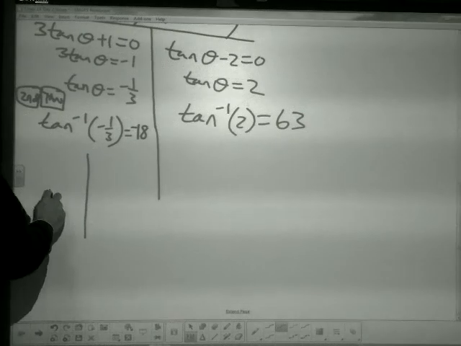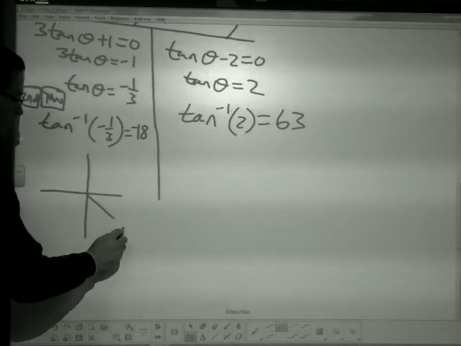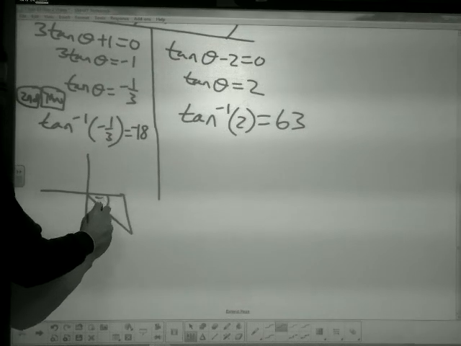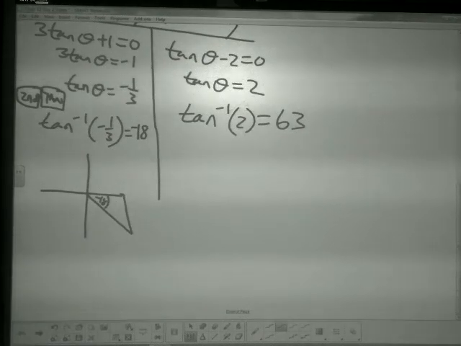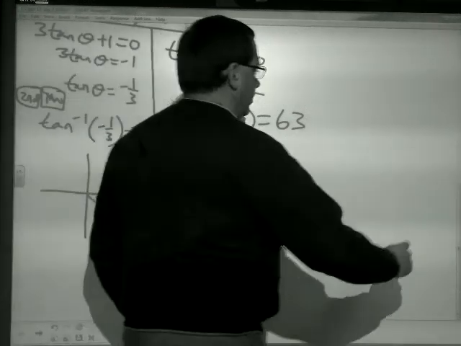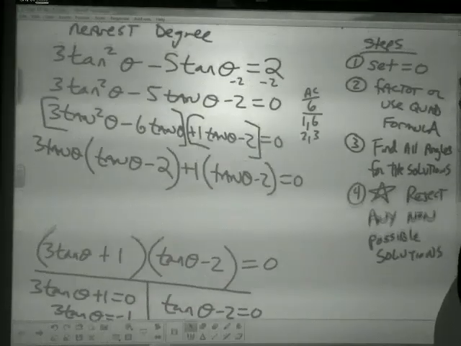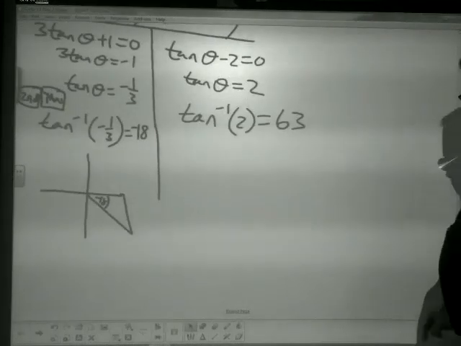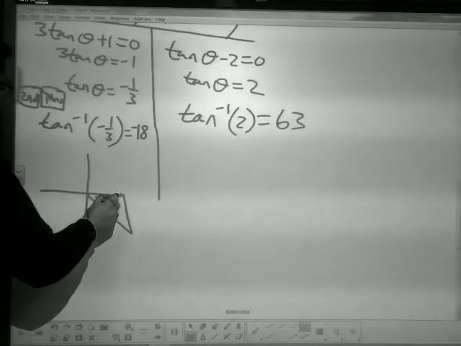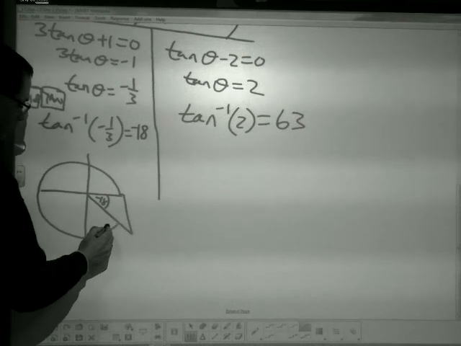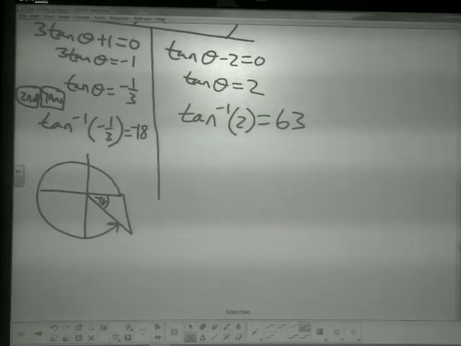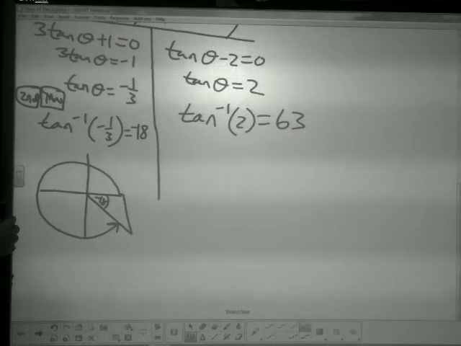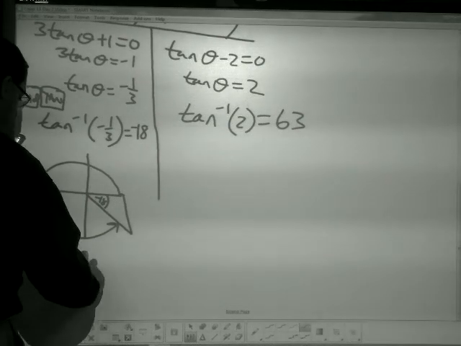So just to recap again then, negative 18 is down here. But that's not our answer, because in the question it said 0 to 360. So if you remember, we have to go all the way around to get our first answer. So 360 minus 18 is 342.